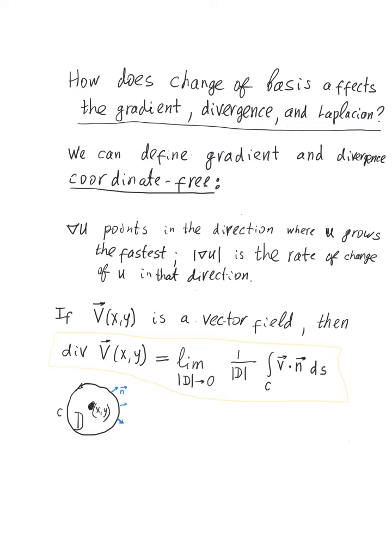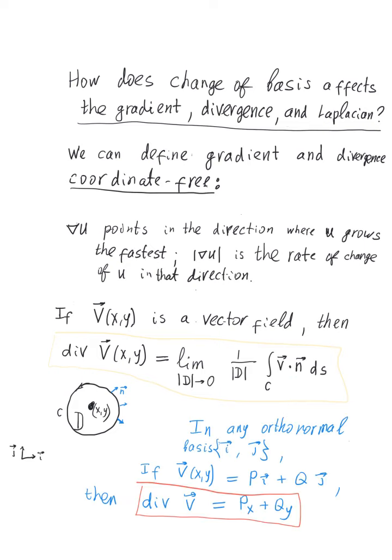Now this definition assumes that we have a way to measure distances on the plane. For instance, when we measure the rate of change, we need to be able to measure distance between 2 points on the plane. And it also assumes that we know how to compute the inner product between two vectors.